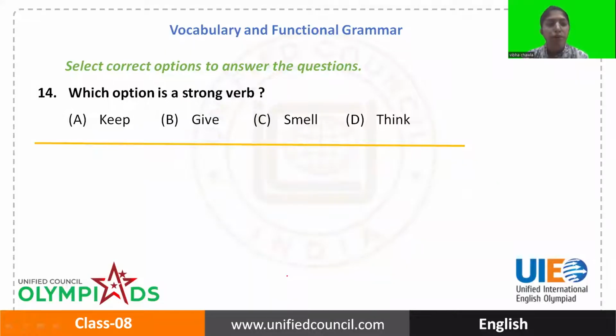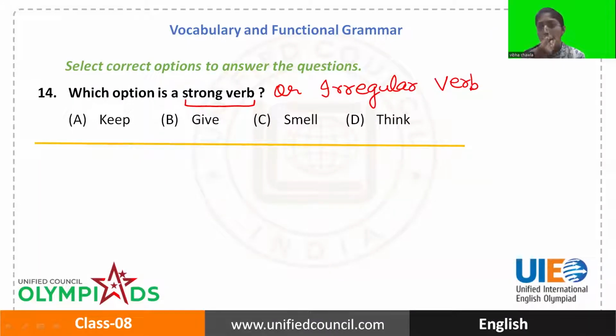Then after we have question number 14. Which option is a strong verb? Strong verb is also known as irregular verb. So strong verbs or irregular verbs are those verbs whose past and past participle forms are not formed by adding ed or t at the end. They don't follow any fixed pattern. So let's see which one is irregular.